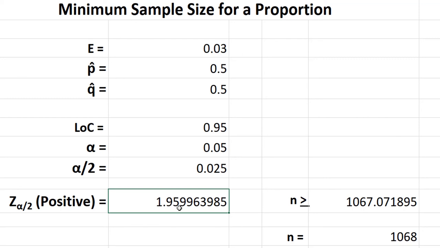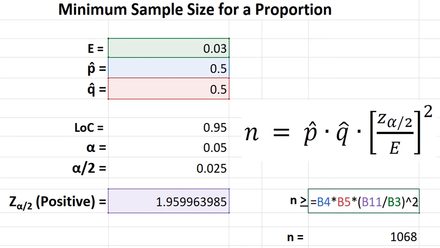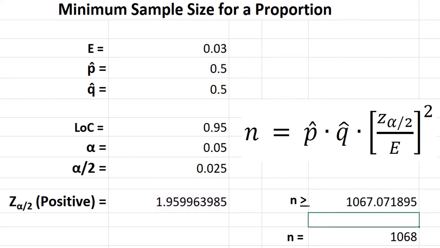When I crunch it in this formula, and again, here is the formula if you need to see it. When I put all that in the formula, I get 1067.071895. But because there's already something to the right of that decimal, we have to round up because we cannot have a portion of a whole for n.